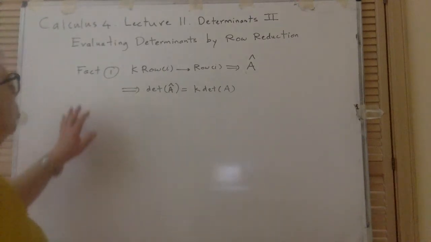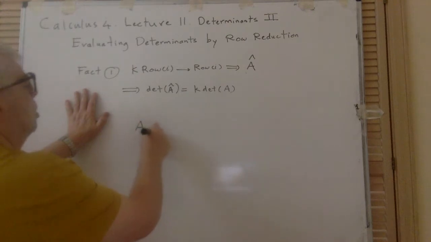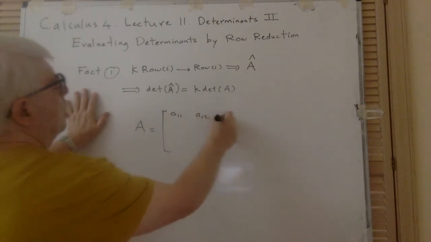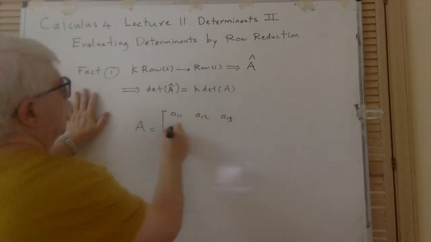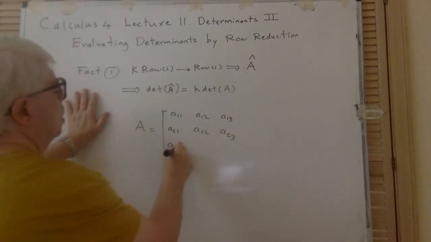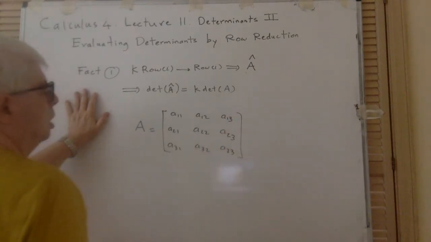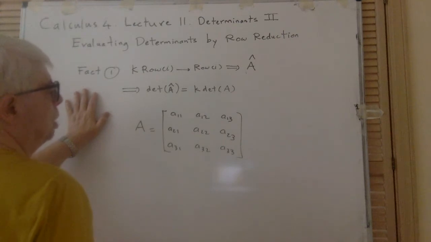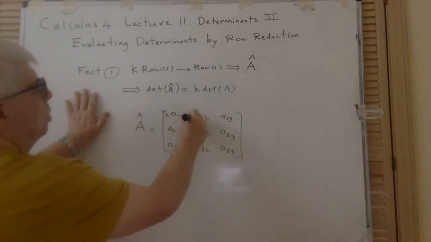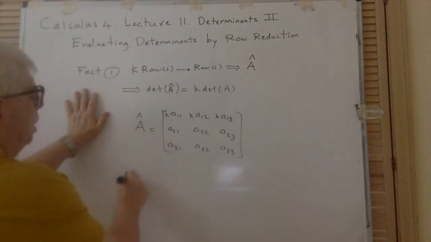Now this one is not hard to understand. So let's take A, a 3 by 3 matrix. When I multiply the first row by k, this gives A hat. Now, what is the determinant of A hat?